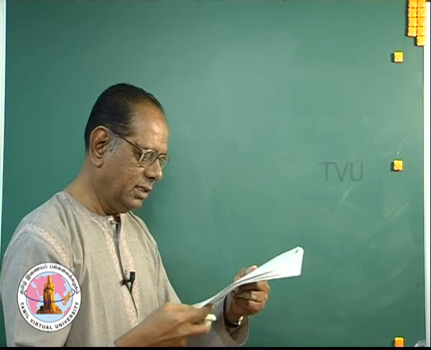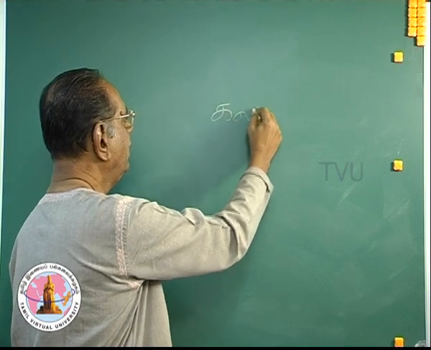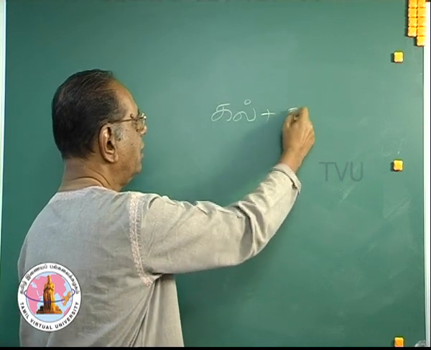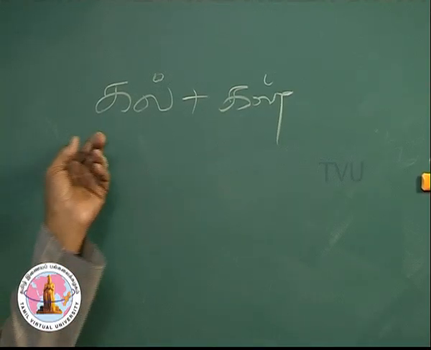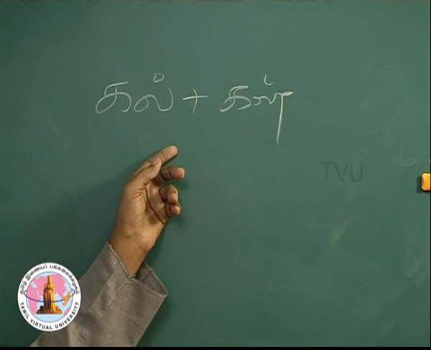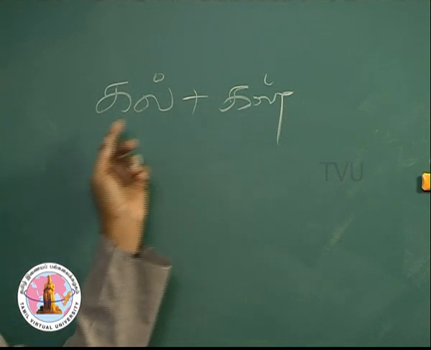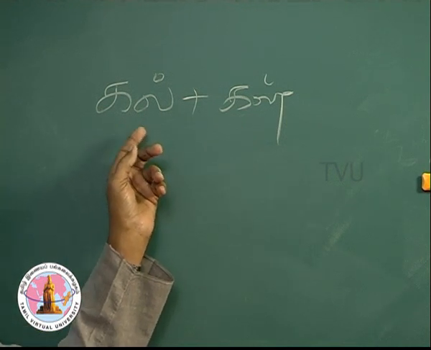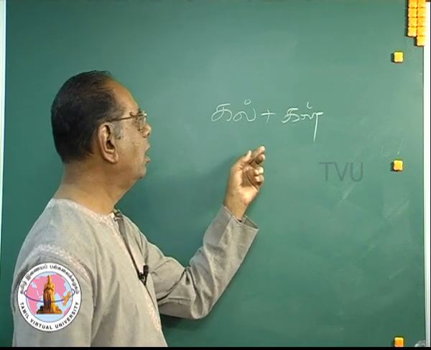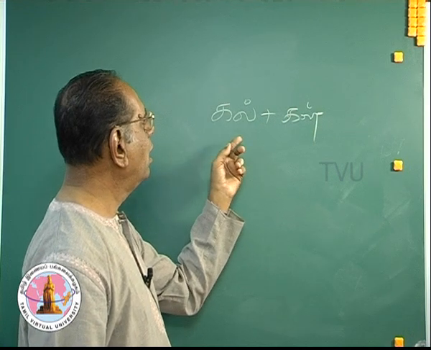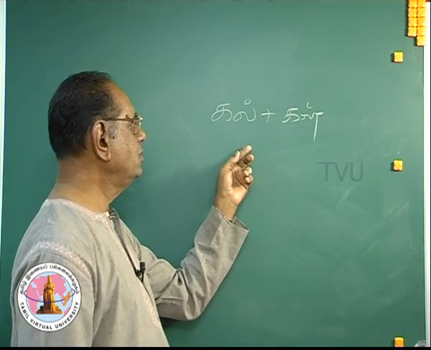I shall take up another set of words where a different kind of change takes place. This is kal. Kal is a stone. I add kal to kal. Now you must have a clear pronunciation of these words. You must use your knowledge of these words and then practice the pronunciation.